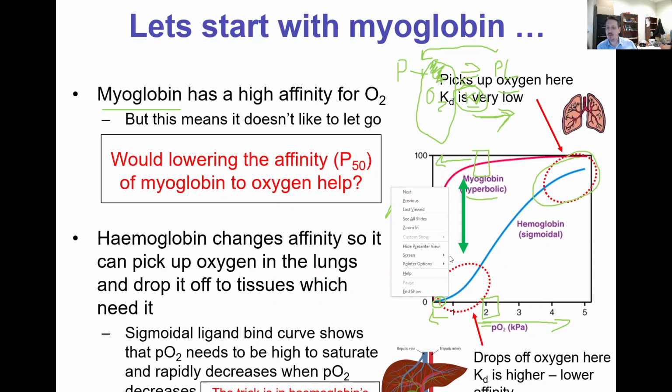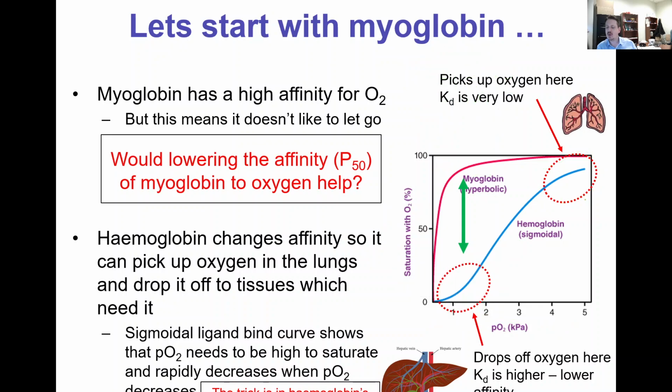So it will get full quite readily at the site of the lungs, where you have a high concentration of oxygen. But then at the lower concentration of oxygen in, let's say, tissues, a healthy amount is probably around here.